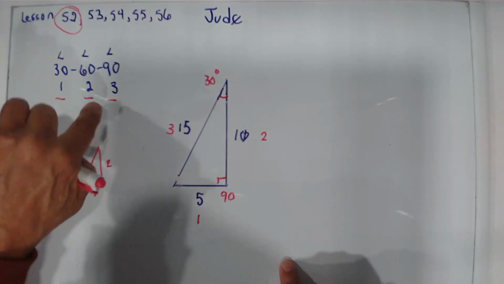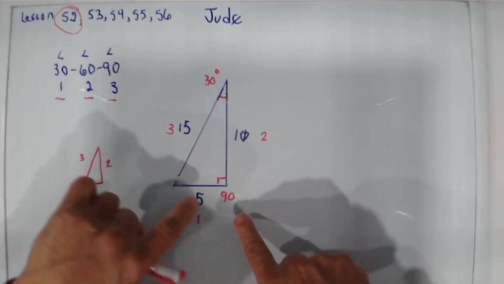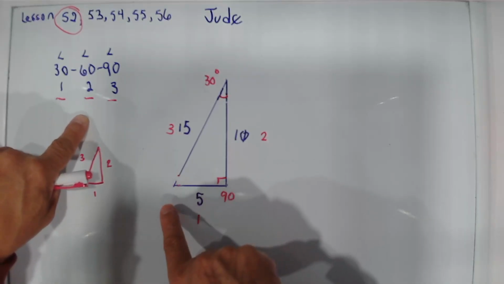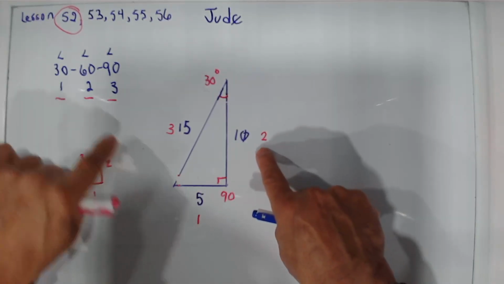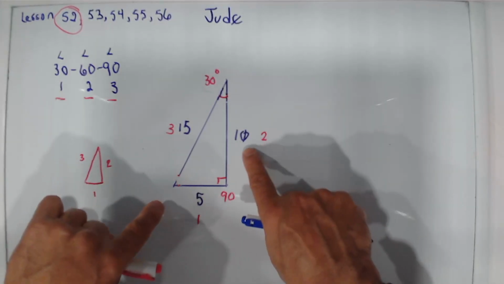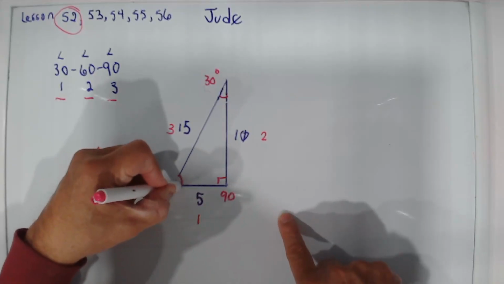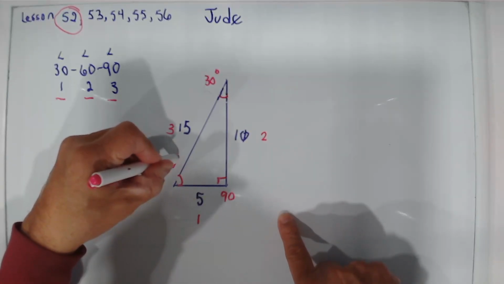So we see that the 90 is 3 times as big, so that one's good. And the 60 has to be twice as big as the short side, and 5 to 10, that's twice as big, so that gives us 60 degrees.